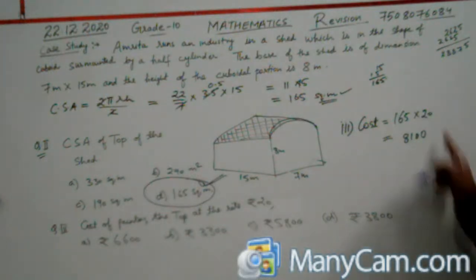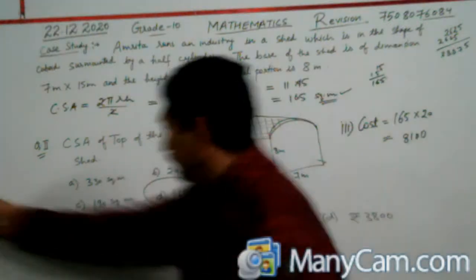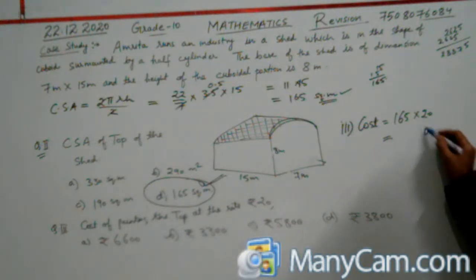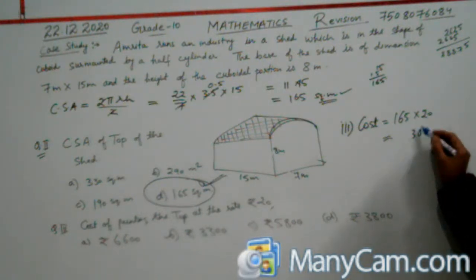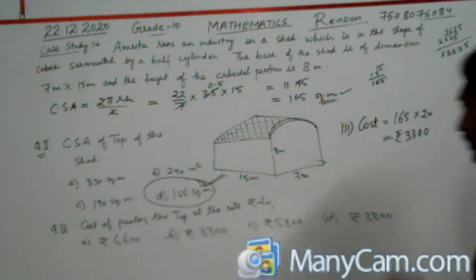Here we have 0, 5 twos are 10, 12 plus 1, 13, 2 plus 1, 3. So we have the cost 33.